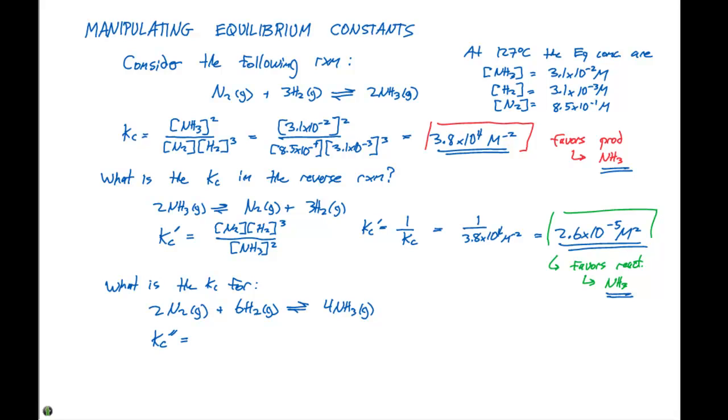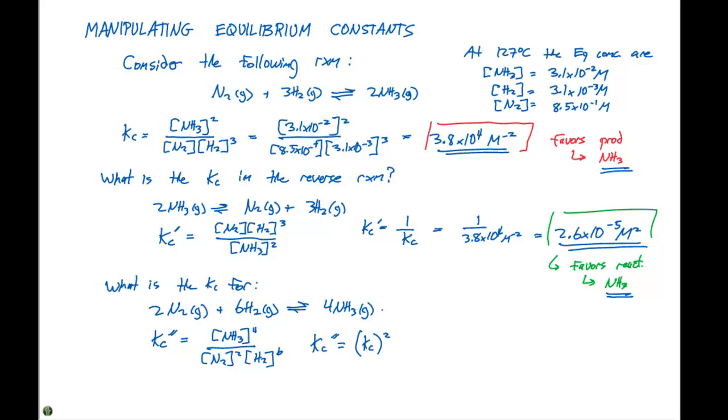That's going to equal the concentration of NH3 to the fourth power divided by the concentration of N2, that quantity squared, times H2 to the 6th power. And remember when we multiply exponents, we add them together. And notice how we can compare Kc to Kc double prime. So Kc double prime is going to equal Kc, that quantity squared.